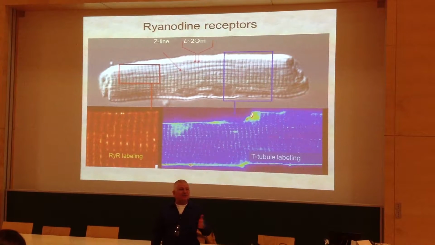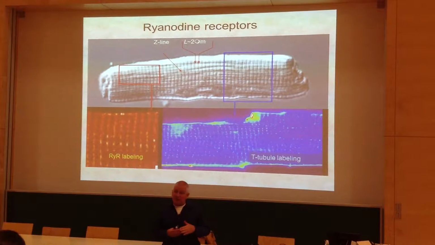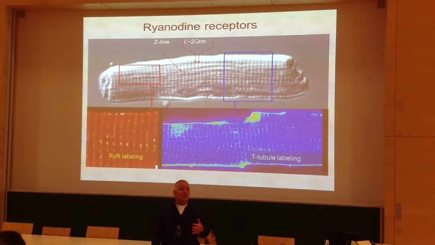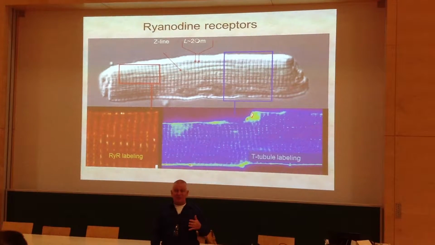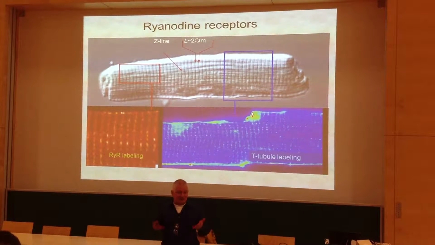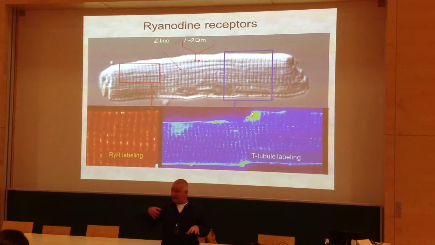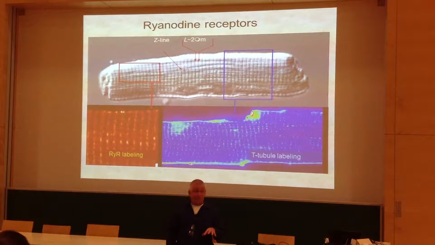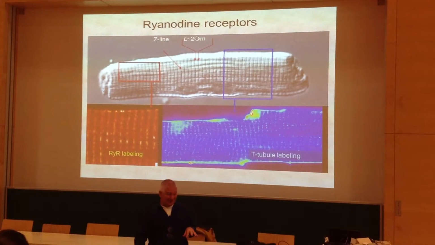There is a species-to-species variation, of course, in how many calcium ions are released from the SR by one single calcium ion which enters the cell. In human, the number is roughly 1 to 20, which means 5% of the total calcium which increases the cytoplasmic calcium concentration comes from the extracellular space, but 95% is coming from the sarcoplasmic reticulum. It's a relatively big gain factor if you consider this.